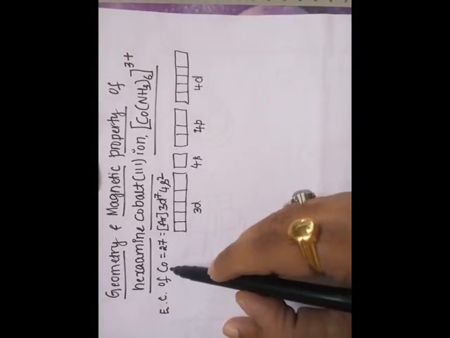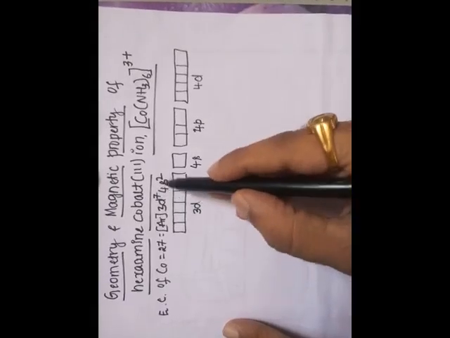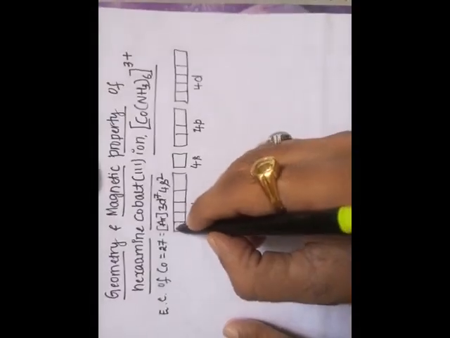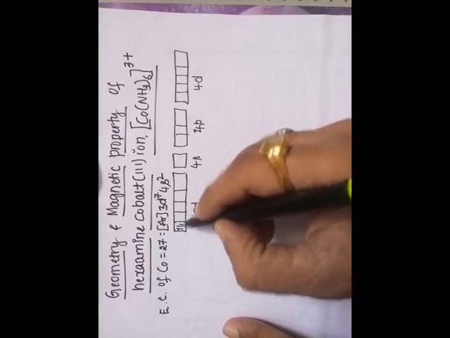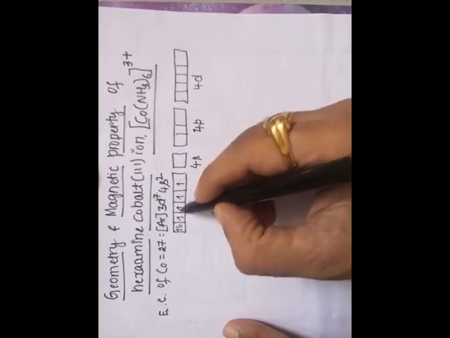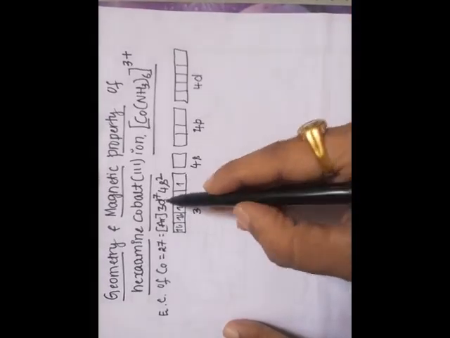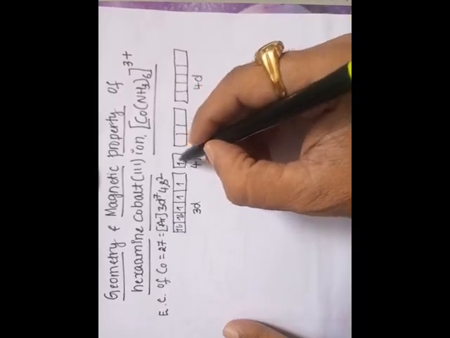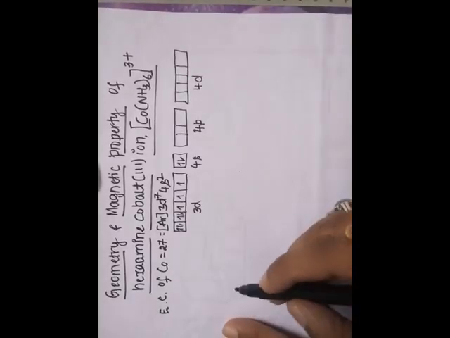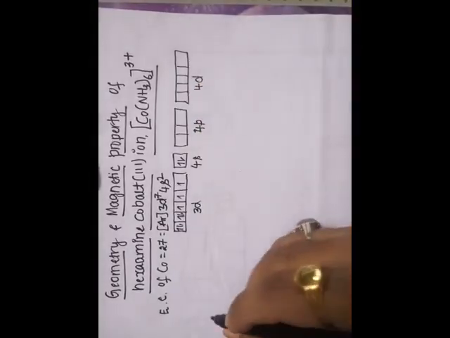In the cobalt atom, there are 7 electrons in the 3d orbital and 2 electrons in the 4s orbital. Let us distribute the electrons into the various orbitals. This is the ground state electronic configuration of the cobalt atom. In this complex ion, the cobalt is in +3 oxidation state.